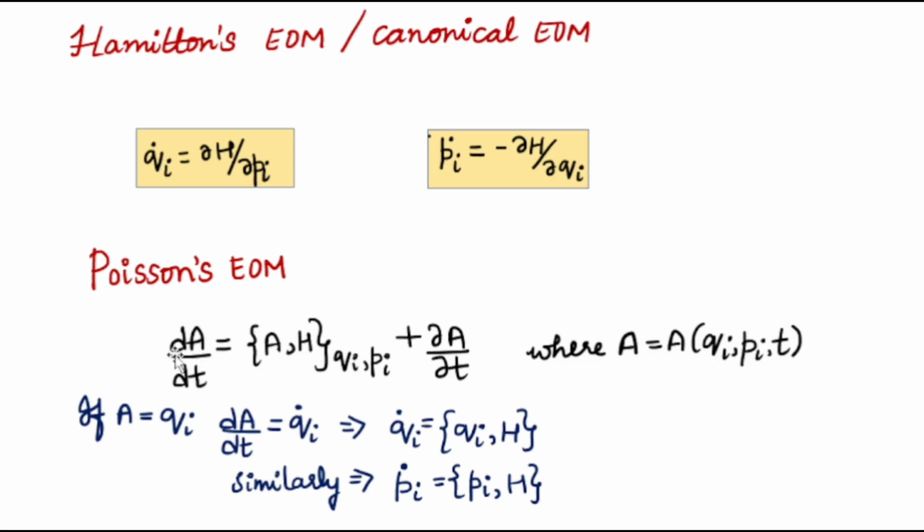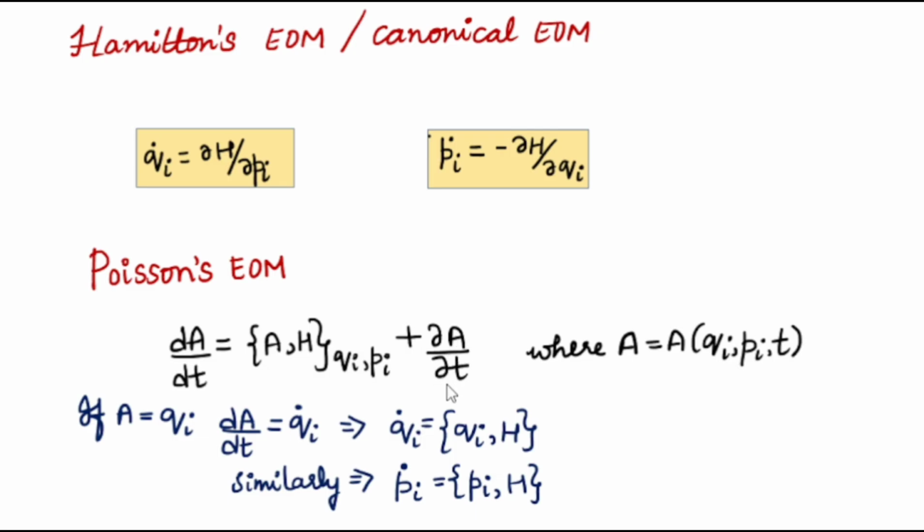So the total derivative of the dynamic variable is the Poisson bracket of A comma H plus the partial derivative of A with respect to time.